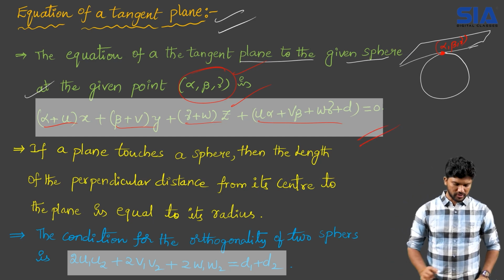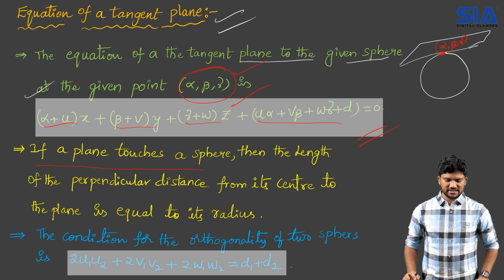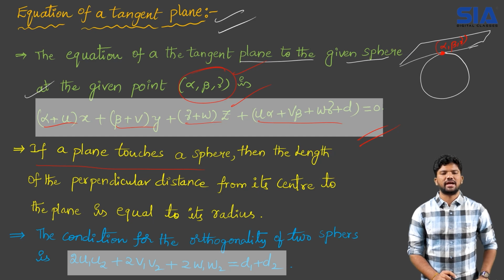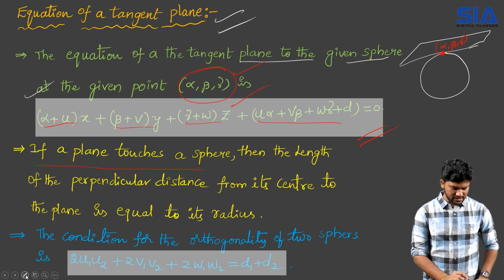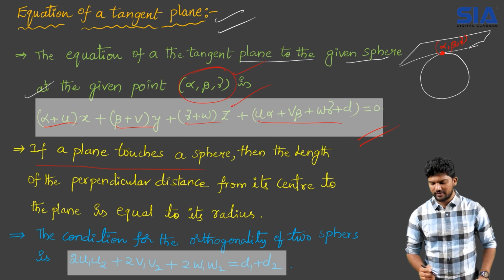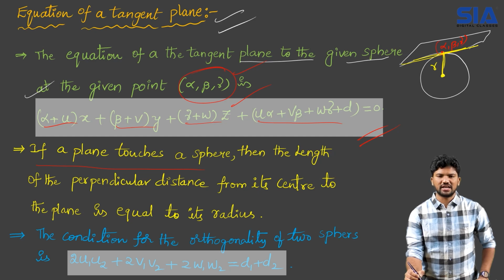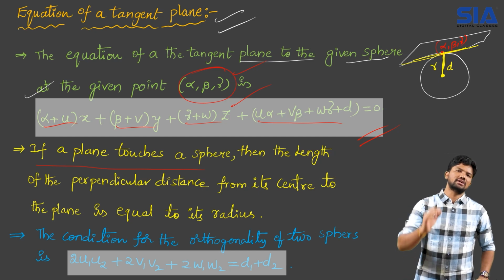Very important. If a plane touches a sphere, then the length of the perpendicular distance from its center to the plane is equal to its radius. Just now we discussed the tangent plane equation. Sometimes in the examination they will give a plane touching the sphere, and to say that plane is the tangent plane to that sphere, we have to prove the radius of the sphere is equal to the perpendicular distance from the center of the sphere to that plane.